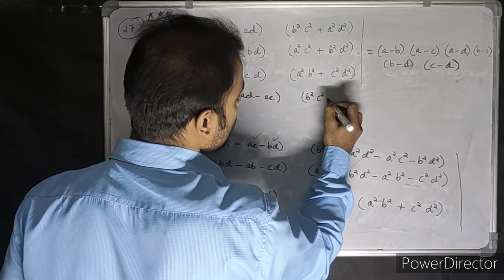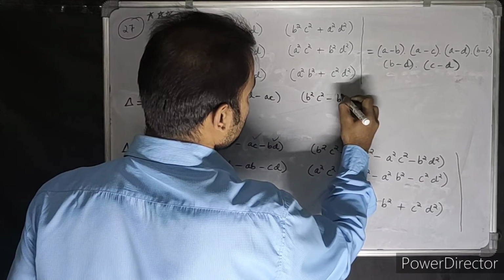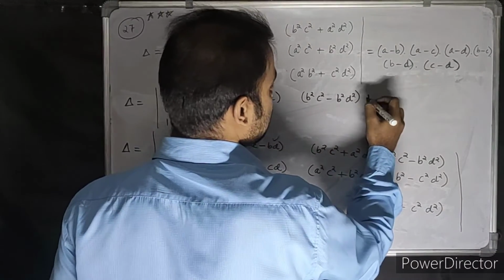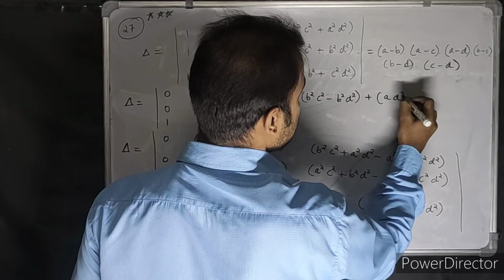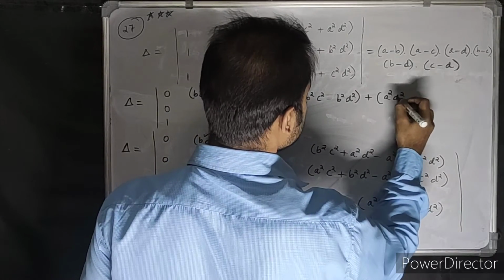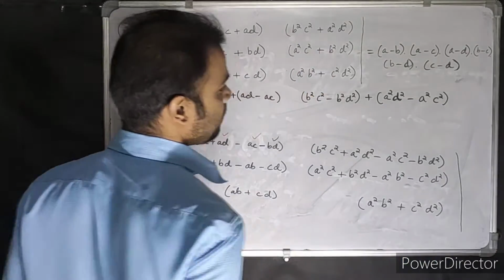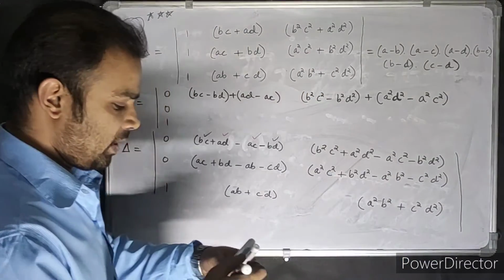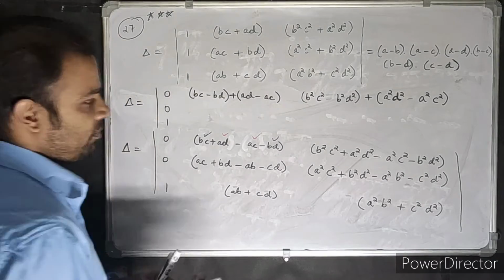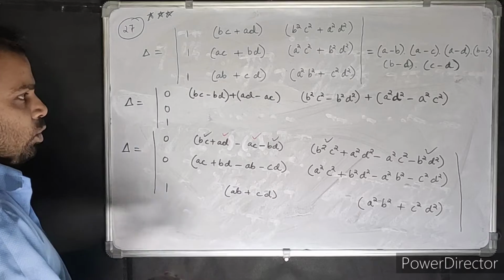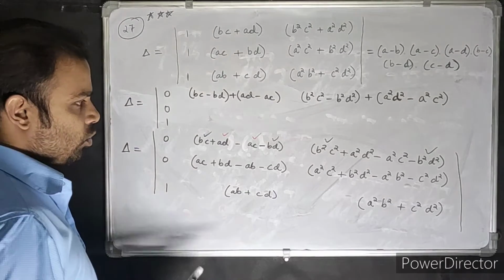B square C square minus B square D square. Copy from here only. Plus A square D square minus A square C square. Let's mark it with different colors. Blue, blue, blues are together, and the two reds are together.